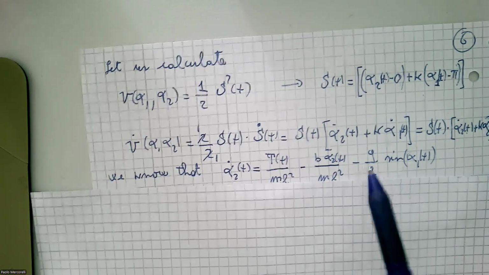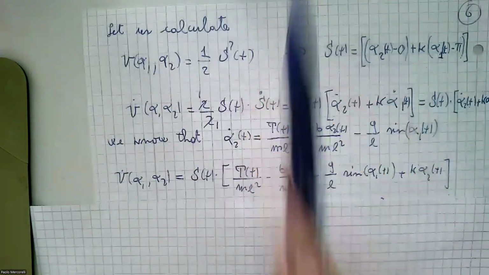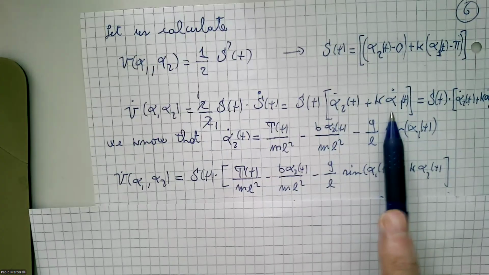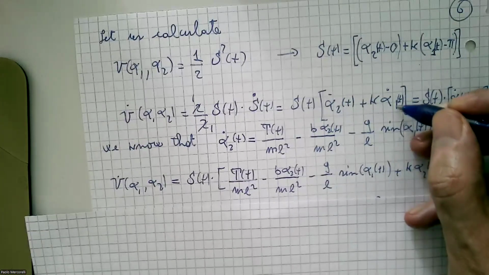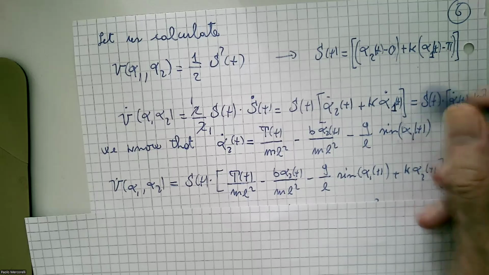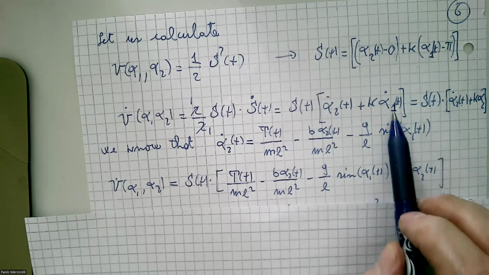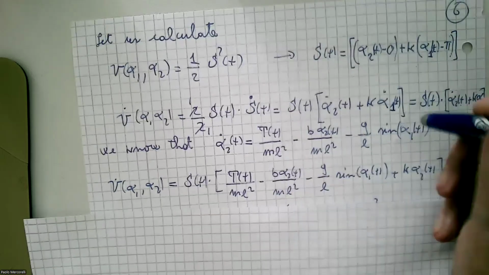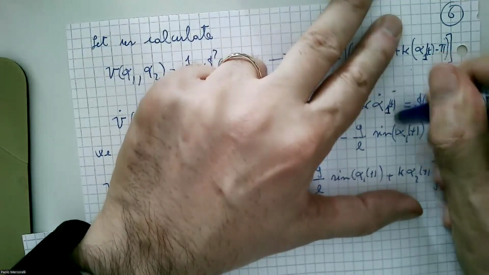Now, instead of alpha 2 derivative, here, instead of alpha 1, it's not visible, but it's alpha 1 of t. If you want, I can improve it a little bit.